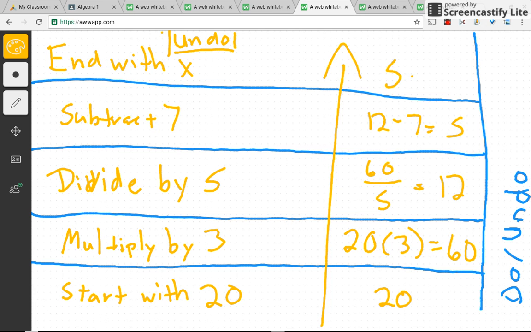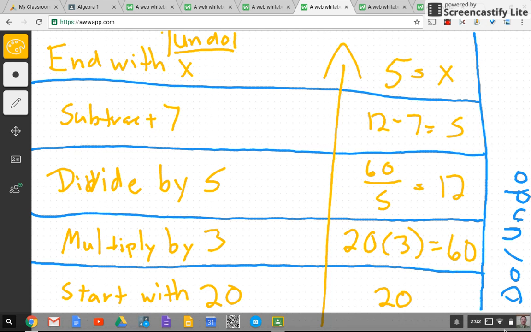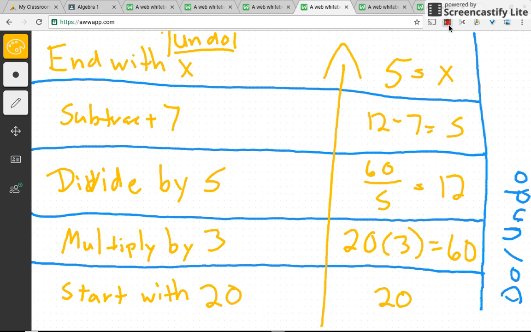So 5 is what x is equal to. Okay, so there is our do-undo method. We just do the opposite things of what we did. This is what you're doing when you solve equations. All right, see you in the next video.